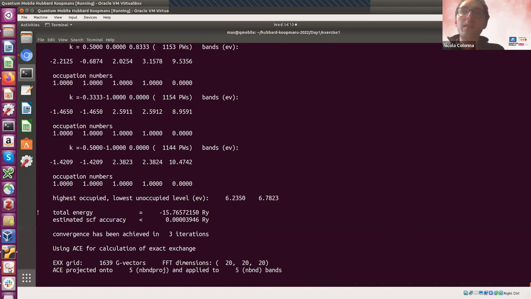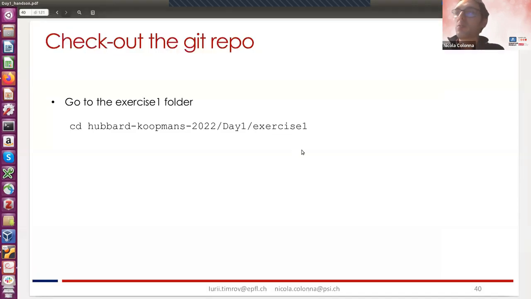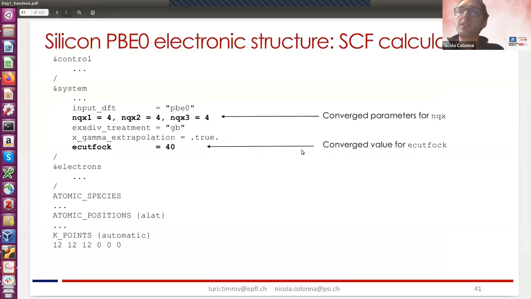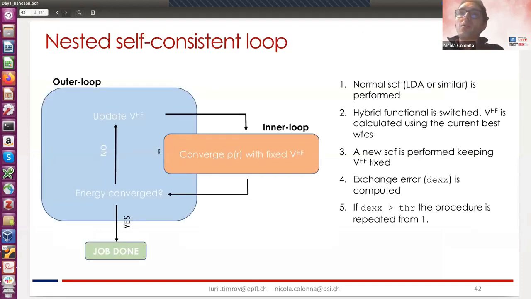So while this is running, let me just tell you a few things about how the self-consistency is achieved. This is just a recap of the parameters we decided to use. So what the code needs to do now is not simply a self-consistency on the total density, but also a self-consistency on the exact exchange potential.